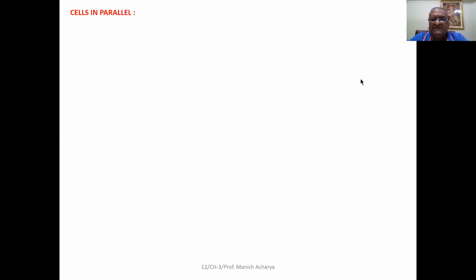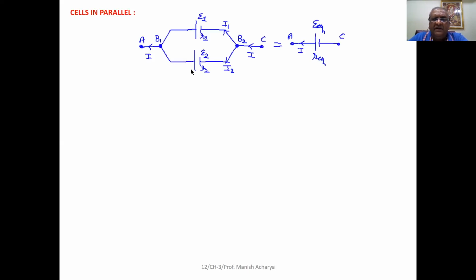Then after that, the cells in parallel. Now see, if two cells are connected between terminals A and C as shown in the figure, the positive terminals of both the cells are connected to A through B1 and the negative terminals of both the cells are connected to C through B2.